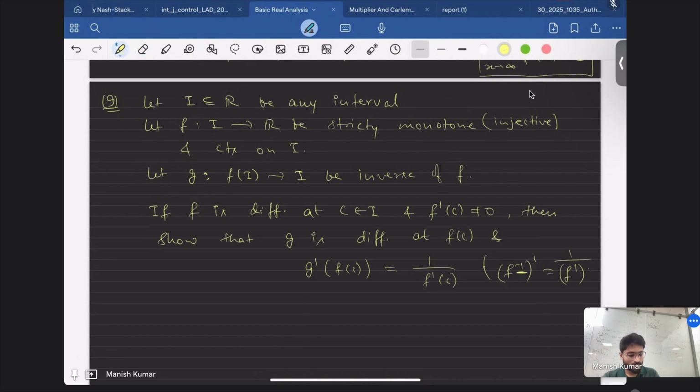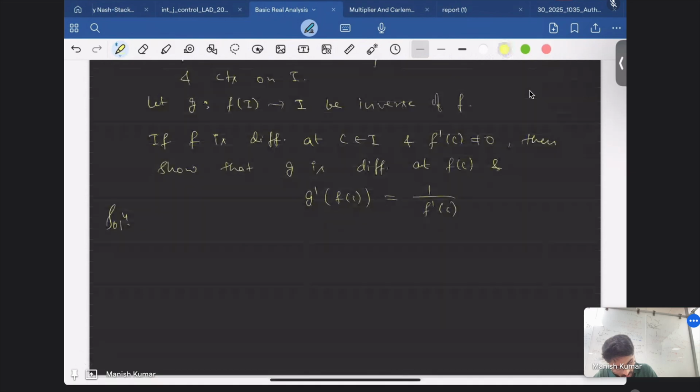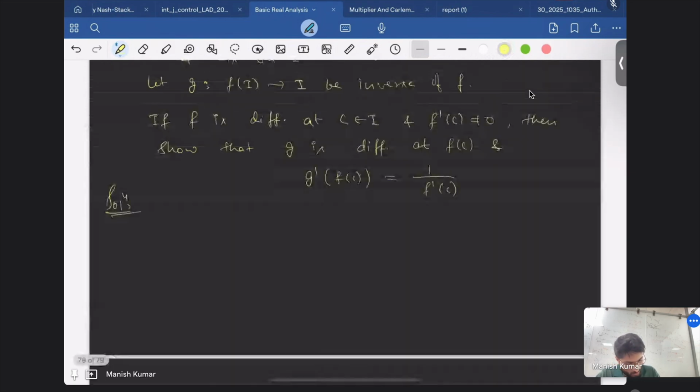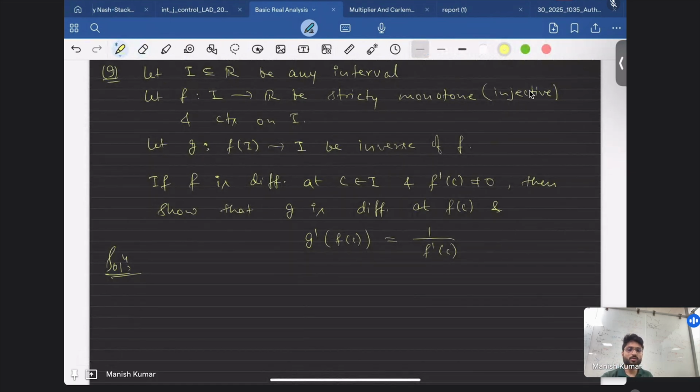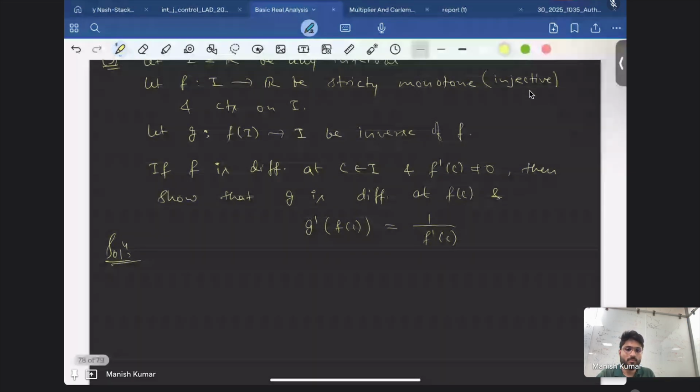So, okay, the proof is standard, so you just have to use the fact that this f is given to be differentiable at c. Okay, so sir, condition of strictly monotone can be replaced by injective? I don't think so.